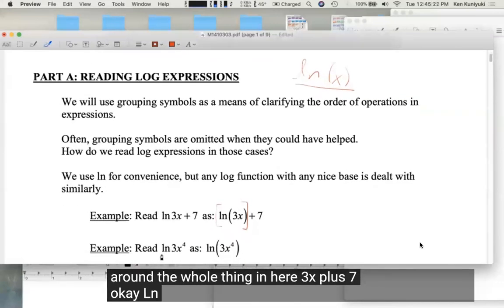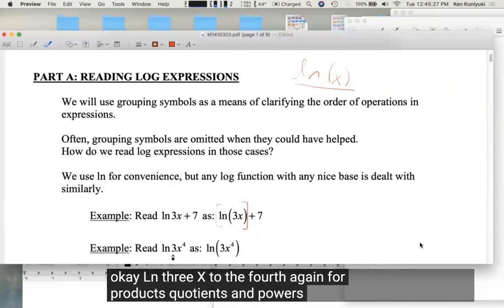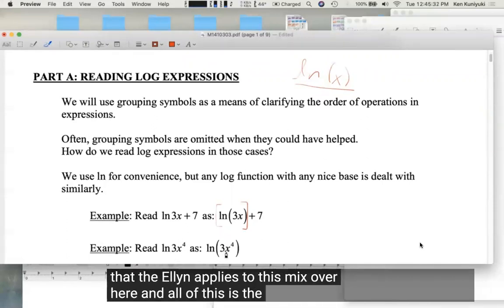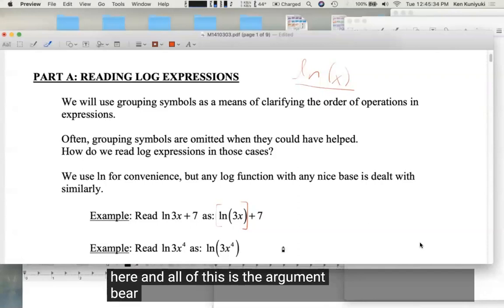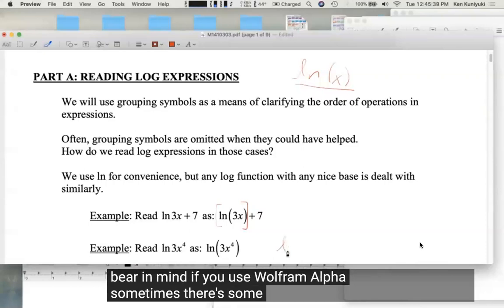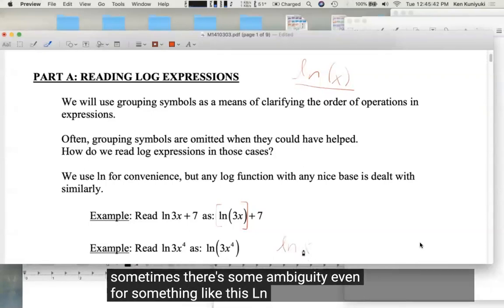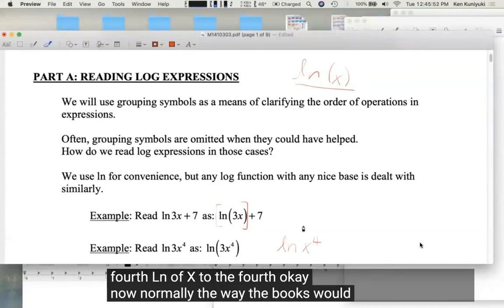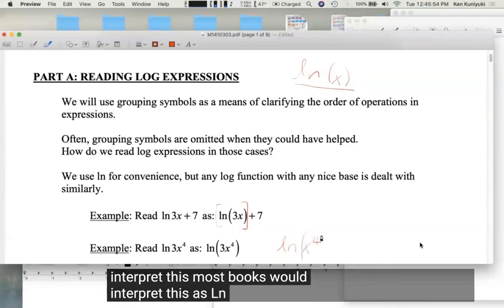Okay, ln 3x to the fourth. Again, for products, quotients, and powers, we assume that the ln applies to this mix over here, and all of this is the argument. Bear in mind, if you use Wolfram Alpha, sometimes there's some ambiguity even for something like this, ln of x to the fourth. Normally, most books would interpret this as ln of the argument x to the fourth.